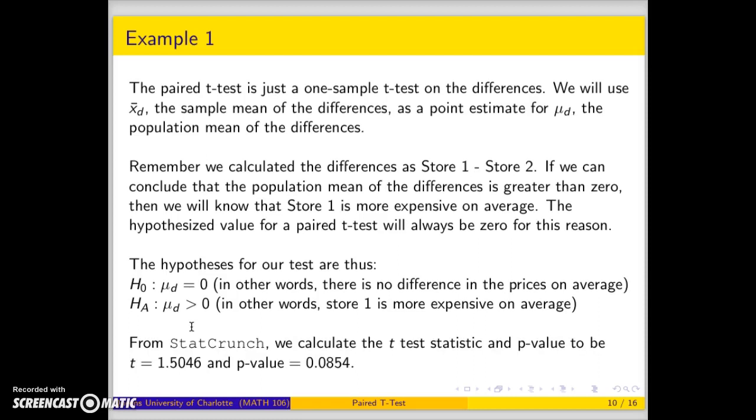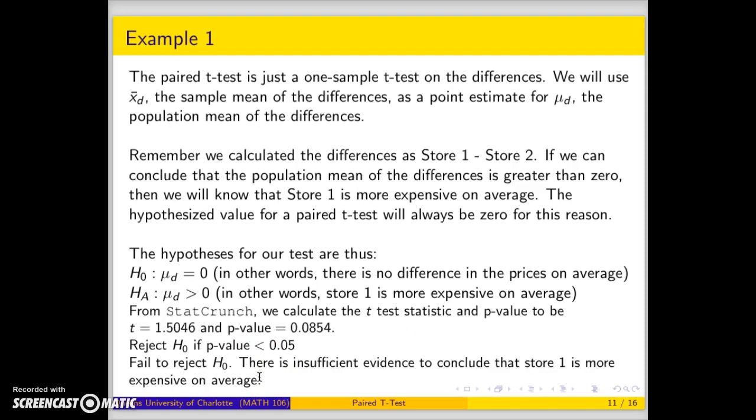So from StatCrunch, we get the test statistic and the p-value, just like we did for the other test. Our test statistic is 1.5046 and our p-value is 0.0854. And as always, we state our rejection rule: we reject H0 if the p-value is less than 0.05, that's our alpha level.